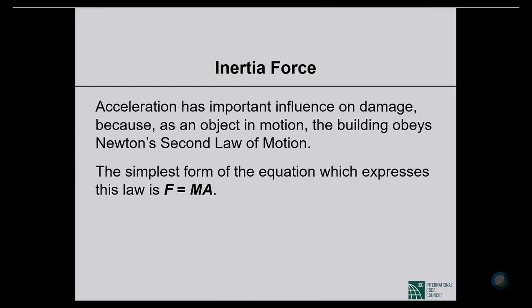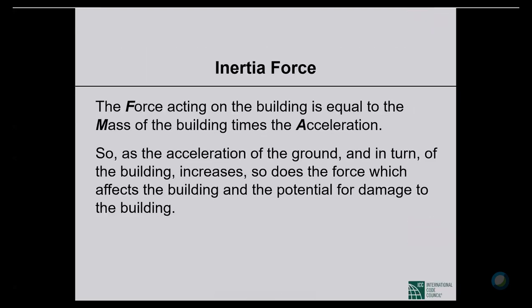Anyway, the acceleration times mass is a force. So the structure is now going to experience forces caused by this acceleration, and that has consequences. So the force acting on the building is equal to the mass of the building times the acceleration.